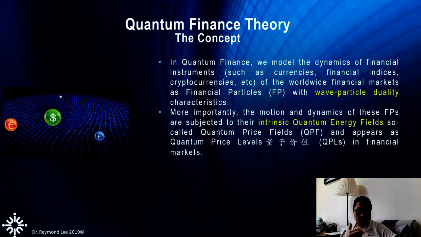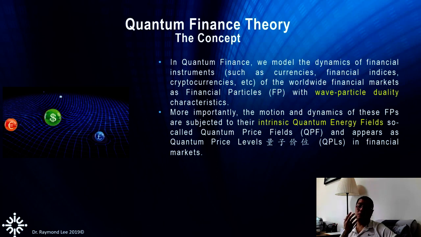And up here, as you can see, is what we call the price level. So in terms of quantum mechanics, quantum field theory, and quantum finance, we call this the quantum price level, QPL, in financial markets.